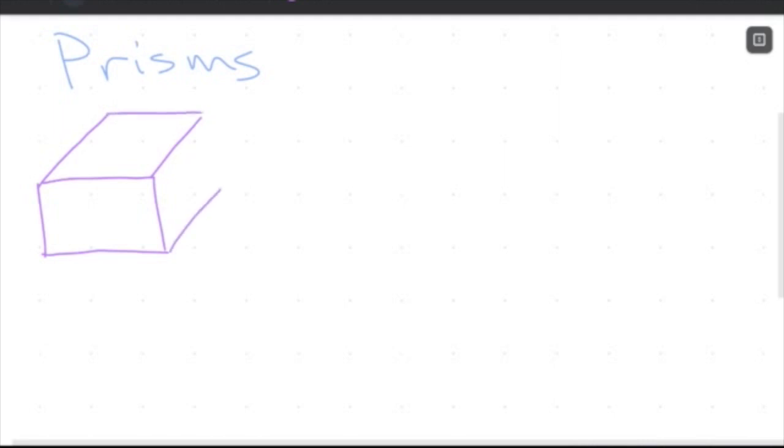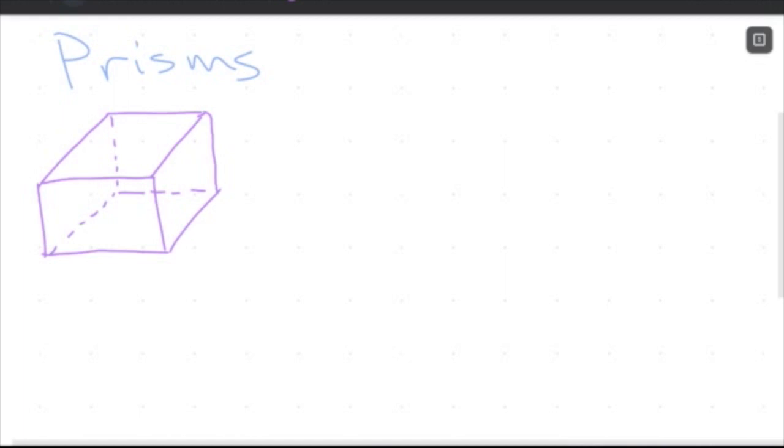Why do we call it that? Well, the face is a rectangle. So we have a face here that's a rectangle, and that goes all the way through the shape to this back part of the prism as well.